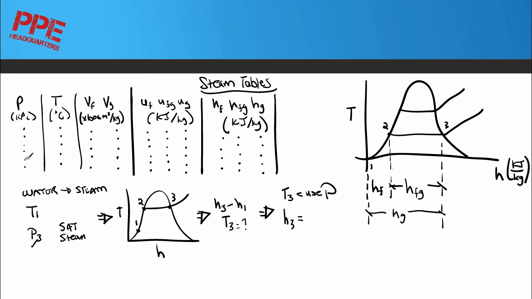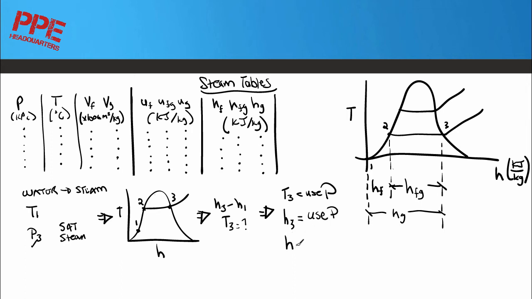So I know my pressure. It was the same one I used to find T3. And I can go over, because I know I'm all the same pressure here. So I'll use pressure to come over and look for H3 on the G. So I'll look under this column here. So I'll use pressure again. I will not use temperature.